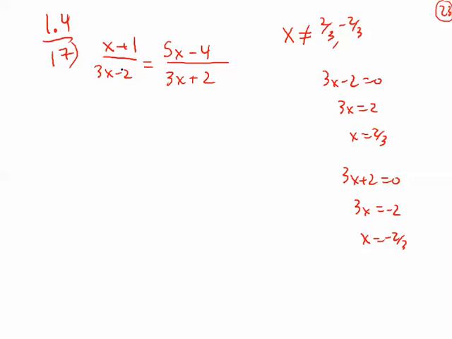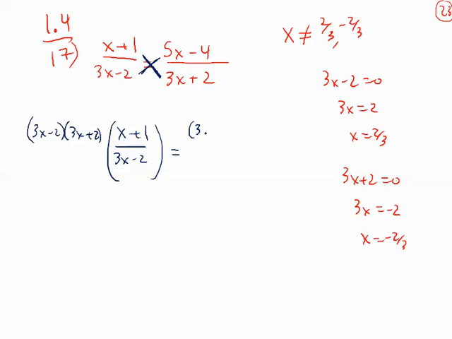Okay, two ways to do this. Whenever you see two fractions equal to each other, we know from Algebra 1, remember a long time ago, two fractions equal to each other, you can cross multiply, like this. That's kind of cool. The longer way is, what's my common denominator? 3x minus 2, 3x plus 2, right? You can still multiply through by the common denominator, 3x minus 2 times 3x plus 2.